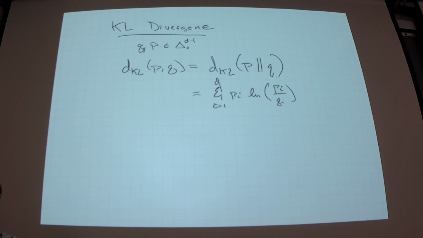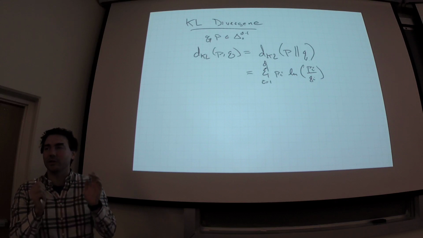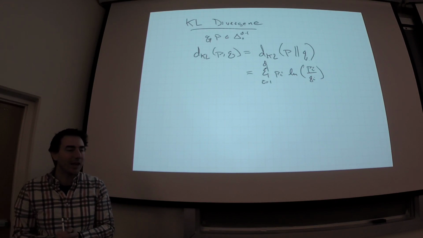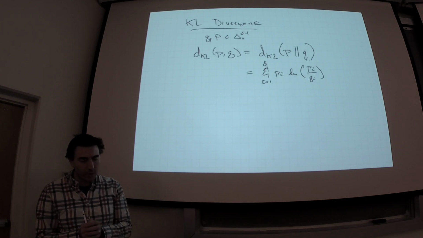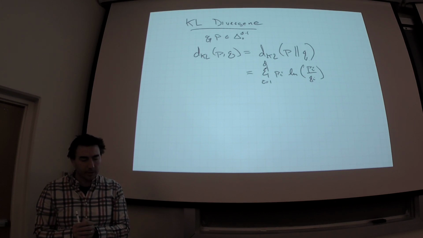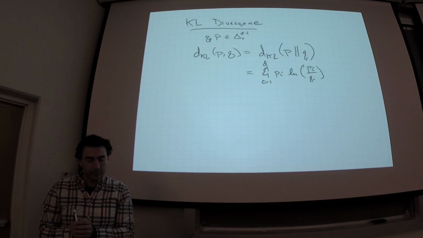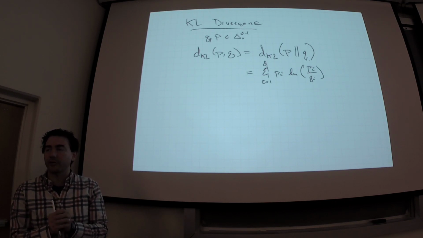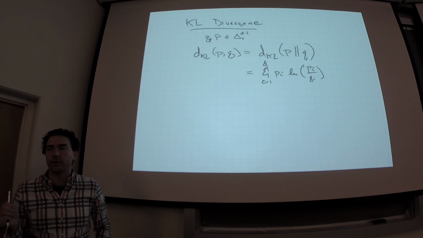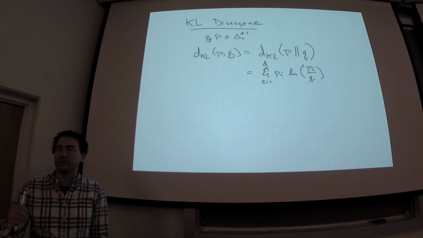If you haven't taken a signal processing class or something like that you might not have this intuition, but if you do, then the intuition is right. This is saying something like, if I know the distribution Q, how many extra bits do I need in order to express the distribution P?